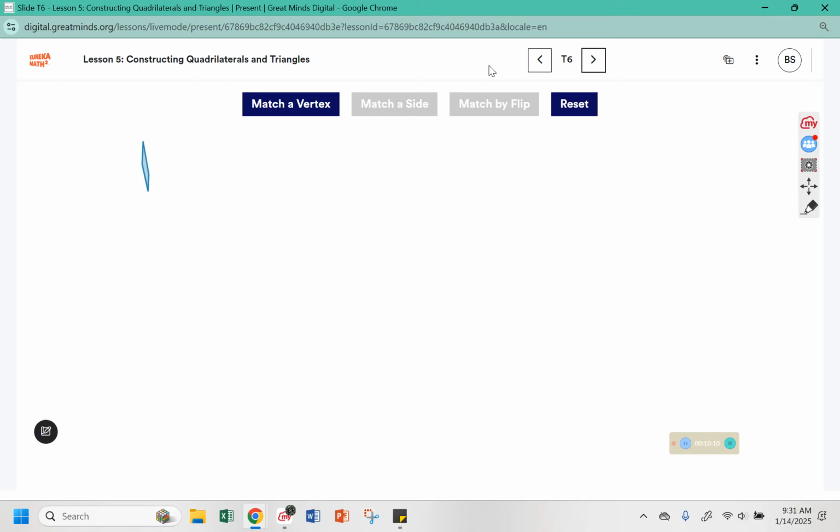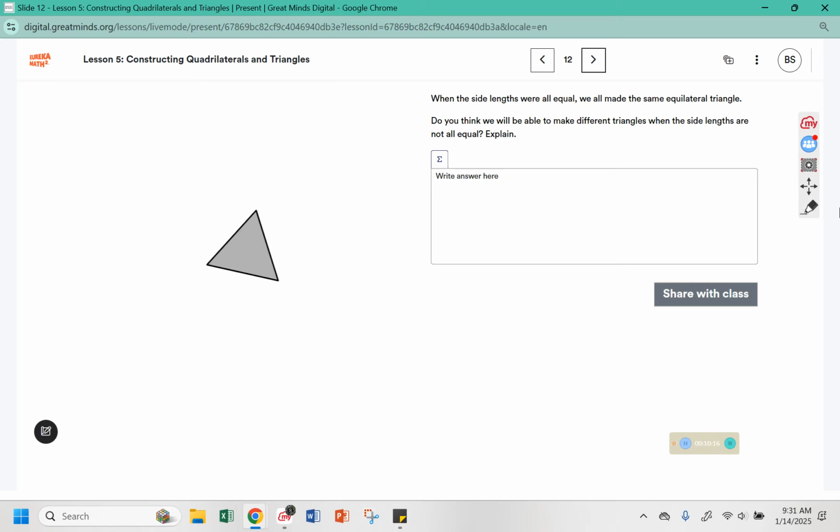So there's the one I made second, and then you could also think about the one that I made earlier. When the side lengths are all equal, we all made the same equilateral triangle.